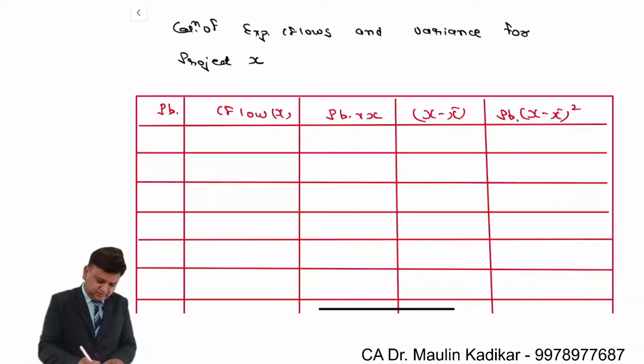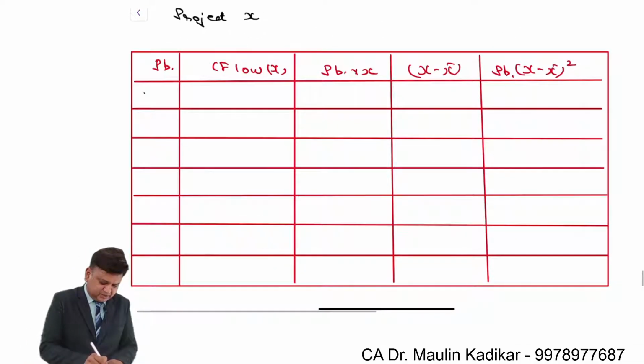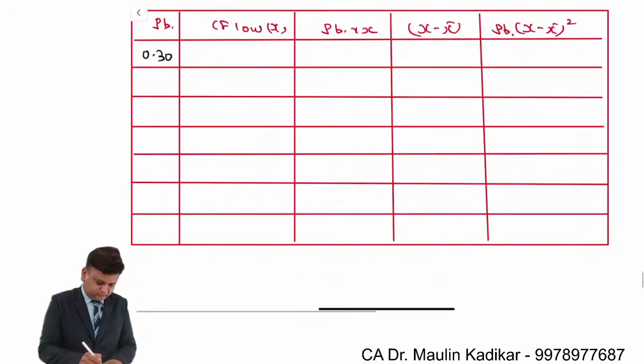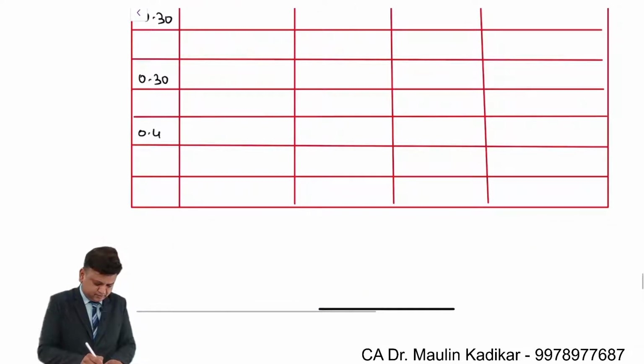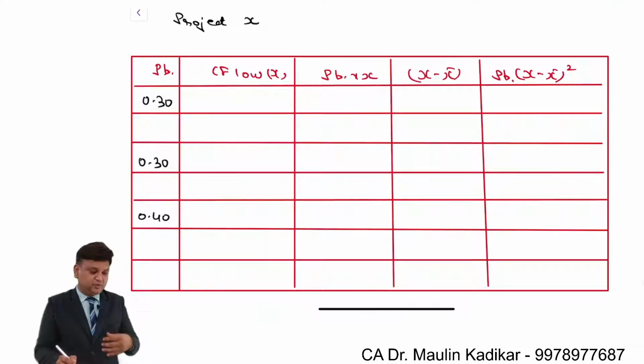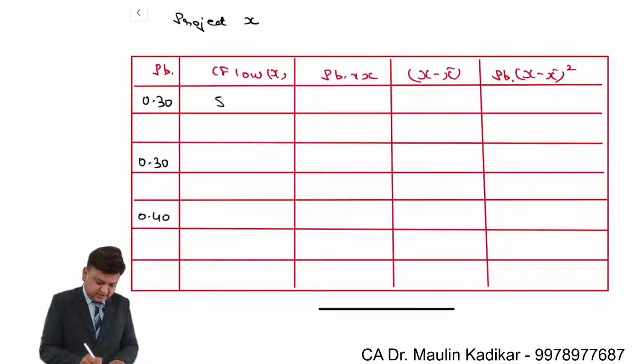So friends, over here the probability is 0.30, 0.30 and 0.40. Cash flows are provided to us 50, 60 and 70.